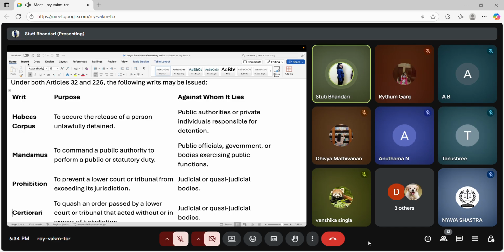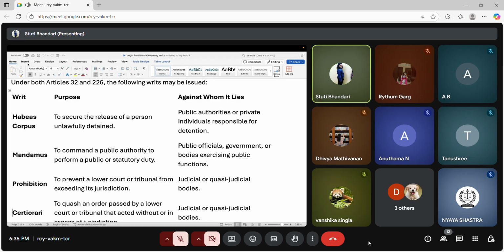There are a lot of tribunals. So basically, in this, the higher court prevents the lower court or tribunal from exceeding their jurisdiction. If they're acting without any jurisdiction or exceeding their jurisdiction, they can under a writ of prohibition be prevented by the higher court from doing so.